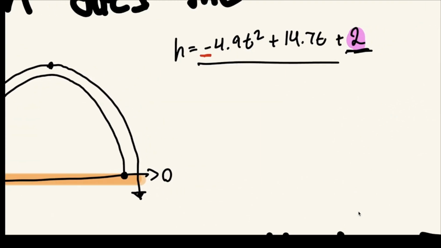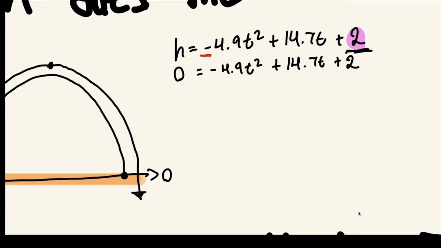So that means in this equation right here, we can actually set h equal to 0 and then rewrite it out again, because remember, height's just 0 when it's on the ground. t plus 2. And now what can we do? We can either factor it, because when we factor, we solve for the x-intercept.